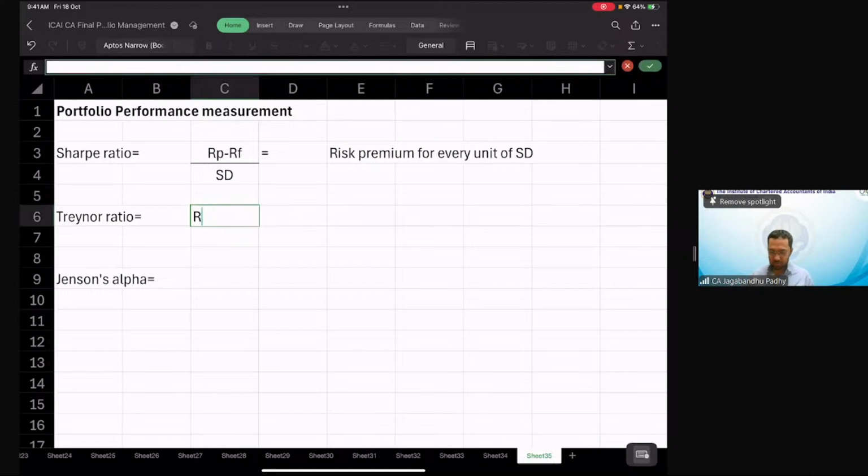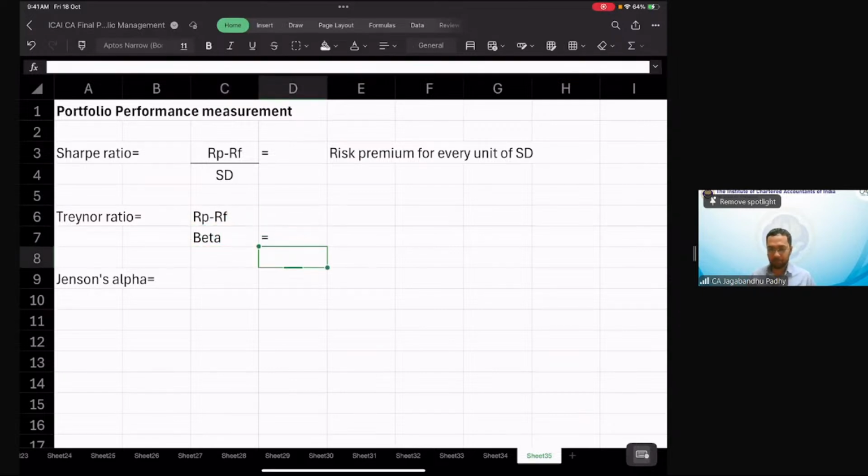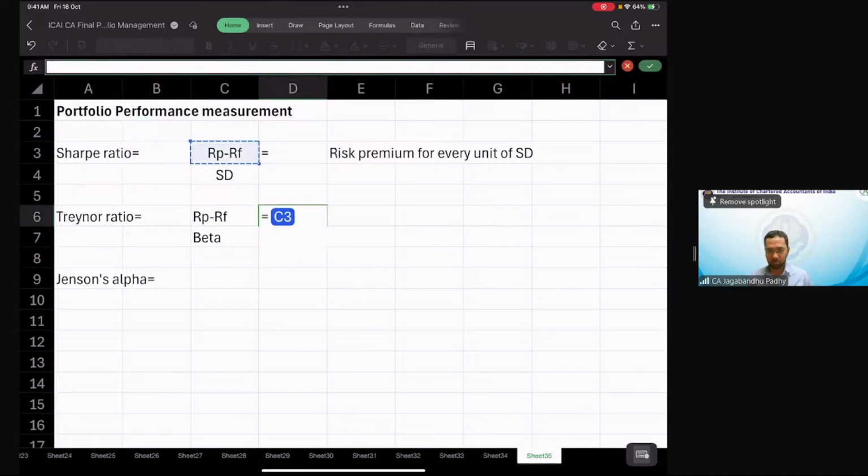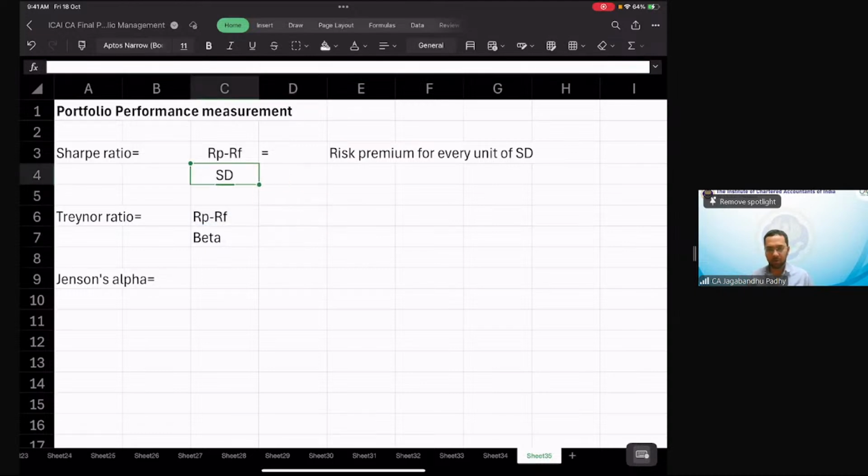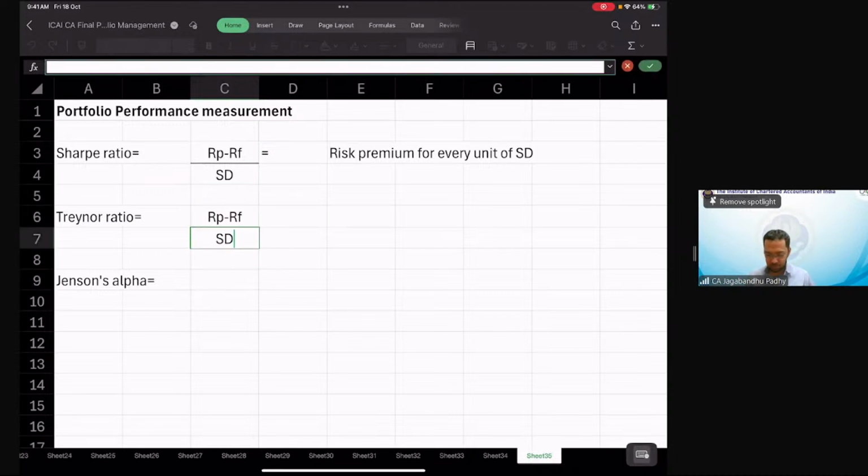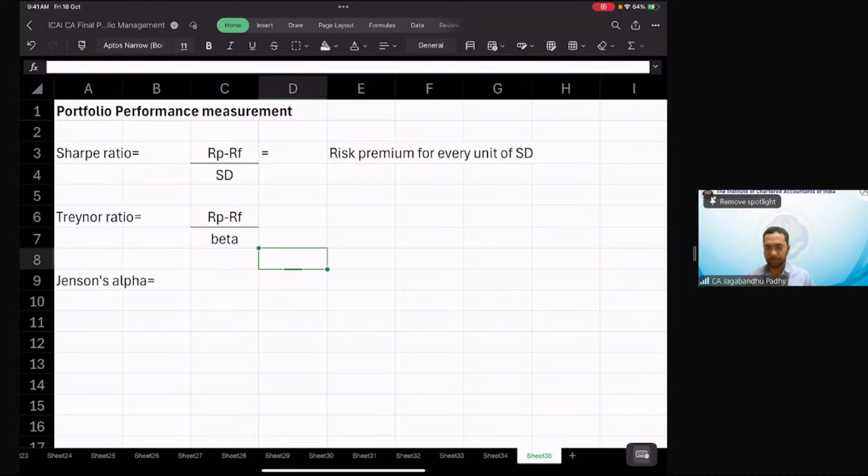Treynor ratio is computed as return of the portfolio minus risk-free divided by beta. It is computed along similar lines as the Sharpe ratio, but there we say we are going to divide it by beta.